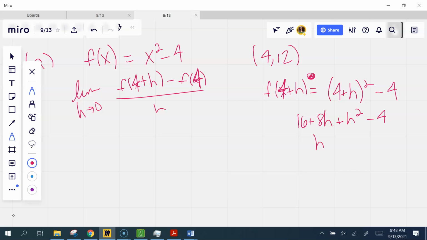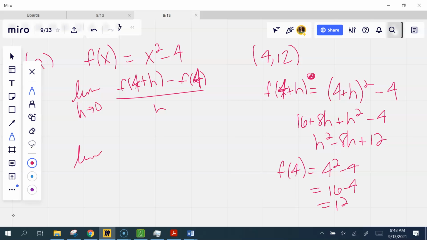And so I get 16 minus 4, which is 12 here. So I'm going to plug in the limit as h goes to 0 of h squared minus 8h plus 12 minus 12 over h. Gone, gone, gone.